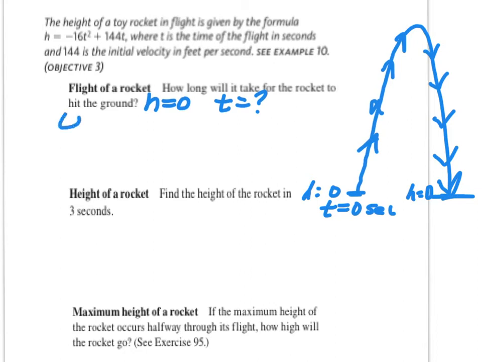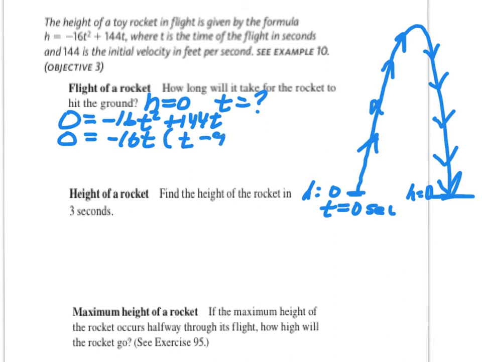So h equals 0, so I plug in 0 for h, and I have negative 16t squared plus 144t. And remember, to make this easy to factor, I'm going to factor out negative 16t, and that'll leave me with t minus 9. So again, this is negative 16t equals 0, or t minus 9 equals 0.